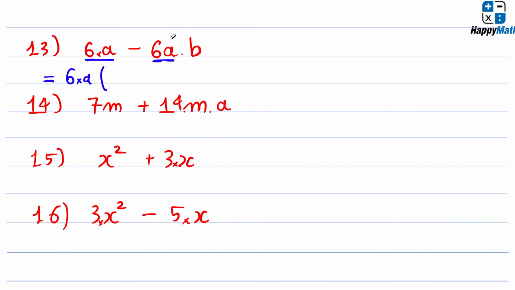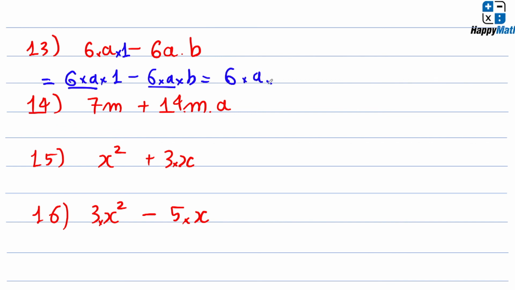You've got 6a multiply b, and you've got first 6a. The first 6a is 6a multiply 1. So when I write it like this, I see the common factor is not 6, it's not a, it's 6a. So 6a here, 6a here, I've got 6a outside.